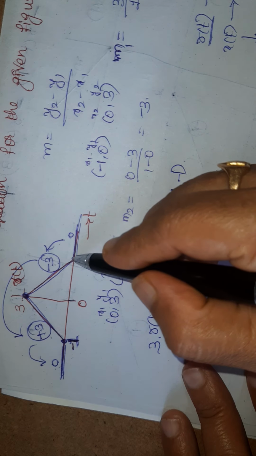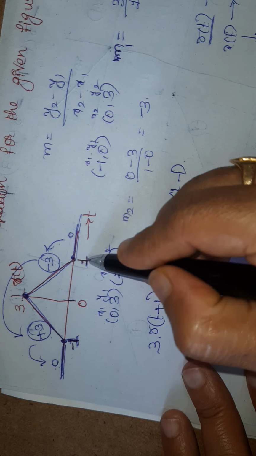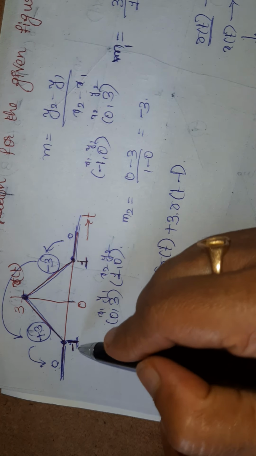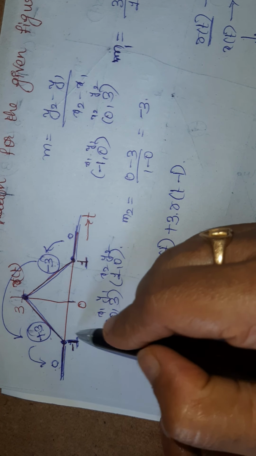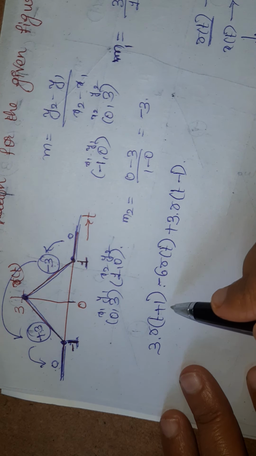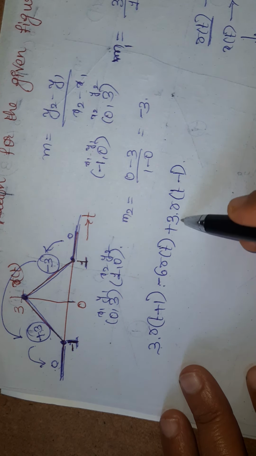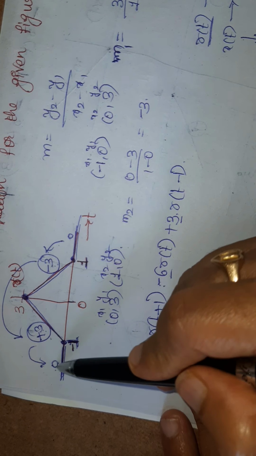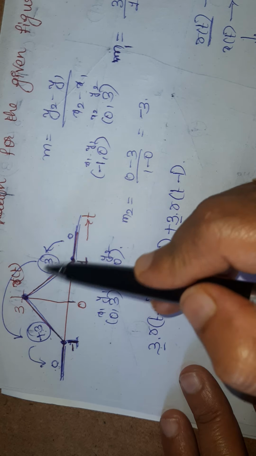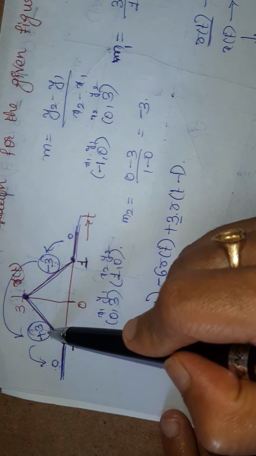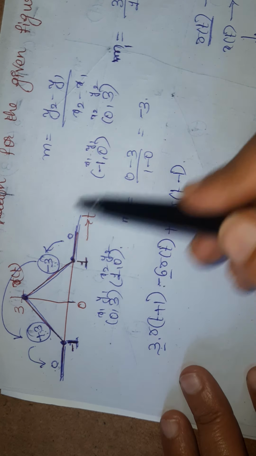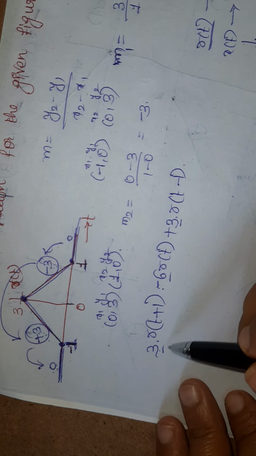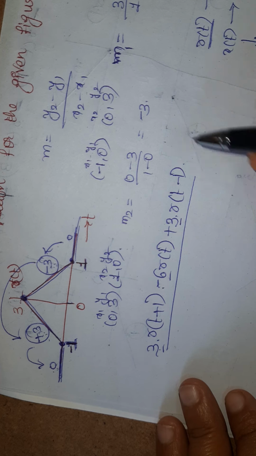Because it is delayed version, if I am having plus 1 here, you have to write minus 1, and if I am having minus 1 here, you have to write plus 1. And these are nothing but slope changes. This one minus this one. Minus 3 minus 3, minus 6. 0 minus of minus 3, plus 3. This is the expression in terms of r of t.